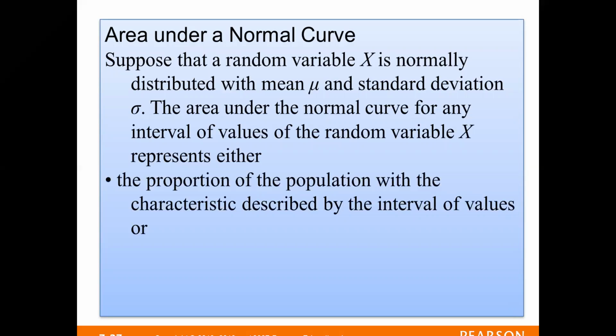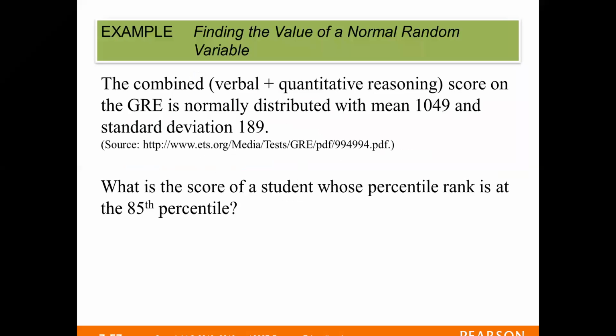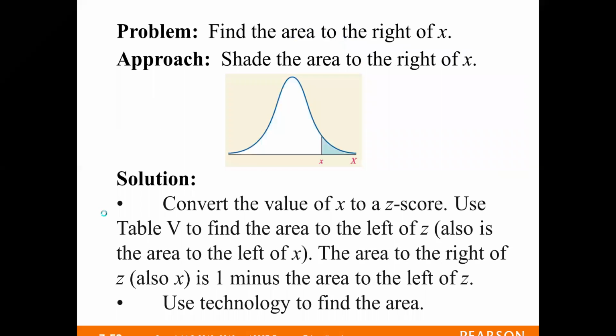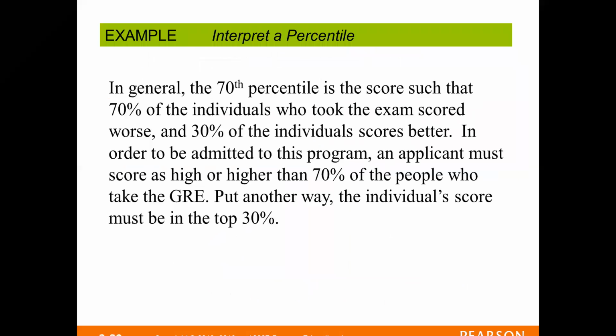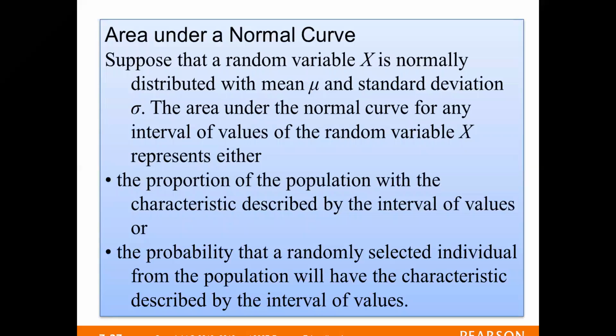The area under the curve for the interval of values of the random variable represents either of two things. The area under the curve is the proportion of the population with a characteristic described by the interval of values, or it's the probability that a randomly selected individual from the population will have the characteristic described by the interval of values.